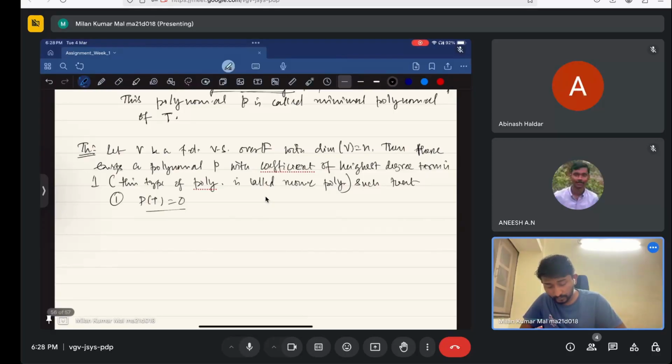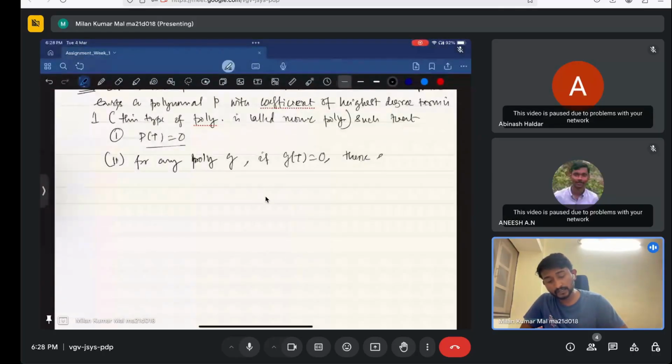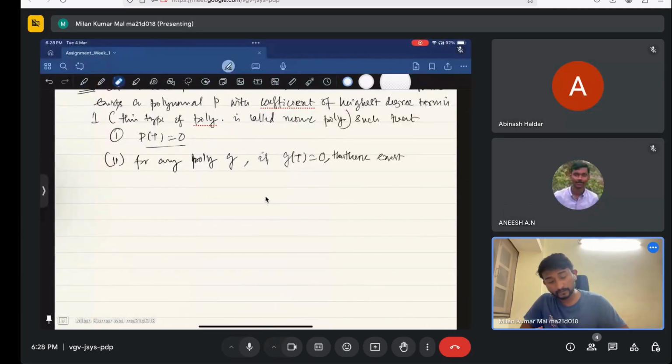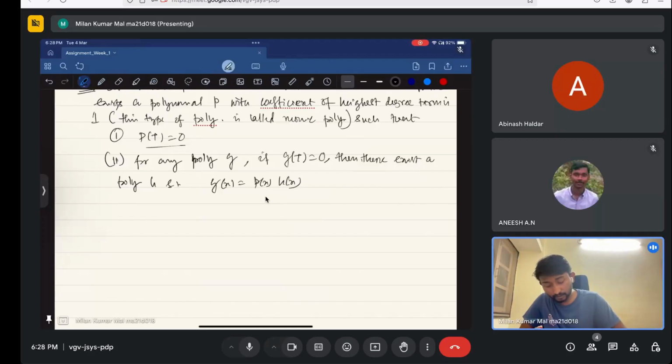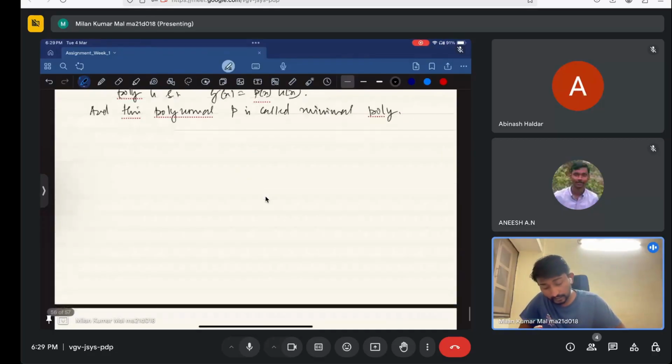Second, for any polynomial G, if G(T) is equal to 0, then there exists a polynomial H such that G(x) is equal to P(x) H(x), and this polynomial P is called the minimal polynomial. Okay, so one more theorem I'll just write and then I'll discuss some problems.